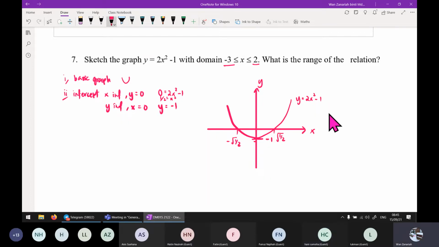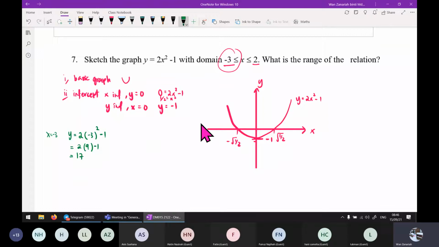What you did here is from negative infinity up to infinity. Okay. So what do you expect if negative 3? Dekat sini ke atas? So you kena masukkanlah, when your x is negative 3, apa nilai dia? 2 negative 3 square minus 1, what you get? 2 times 9 minus 1, 17.